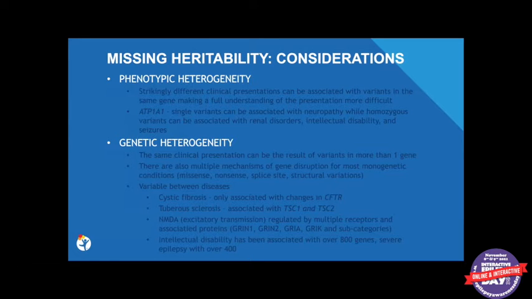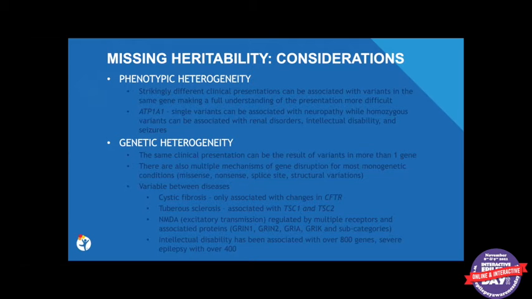So these are some of the considerations that make this such a challenging thing. The first is something called phenotypic heterogeneity, which is the fancy way to say differences in clinical presentation. Take this gene that I've listed there, ATP1A1. Having one copy of that gene with a variant may be associated with neuropathy, so tingling, numbness, and dysfunction in the hands and feet.